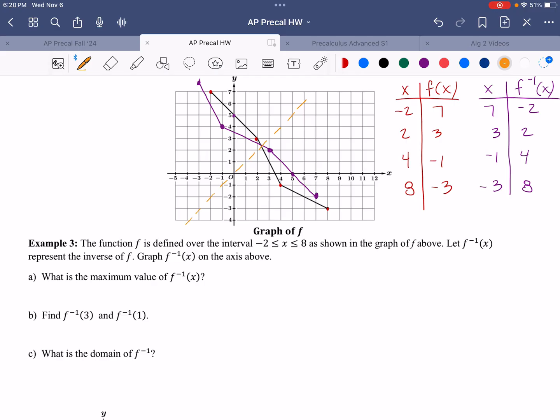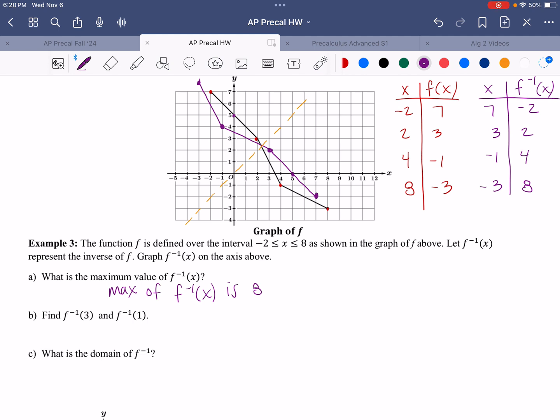Okay, so now what is the maximum value of the inverse? So you have two options. You can look at your graph and see that the highest y value here is 8. So the maximum of the inverse is 8. That's the largest y value.